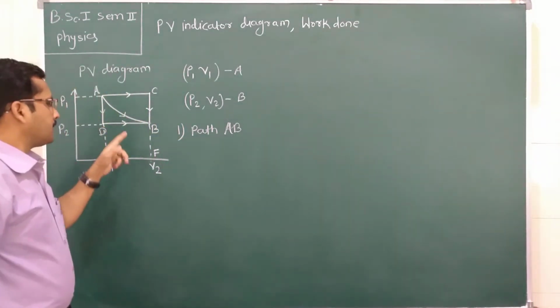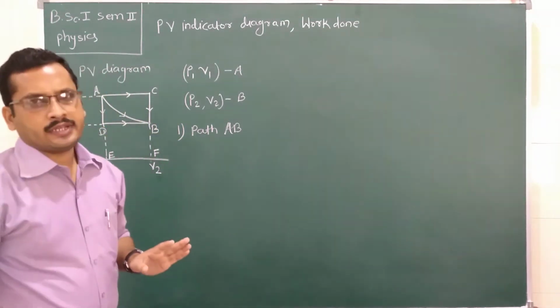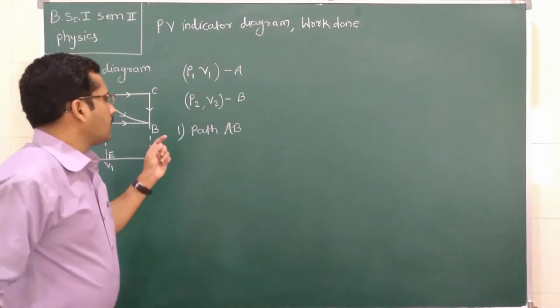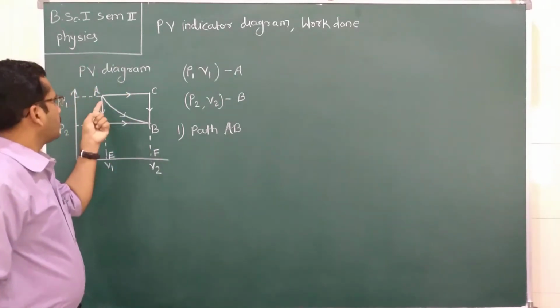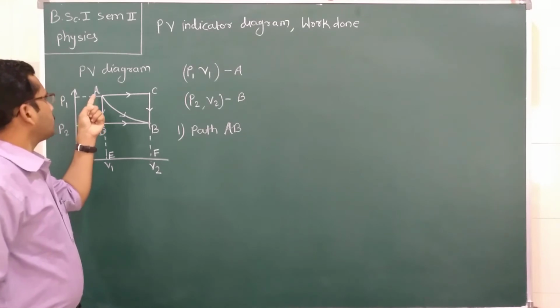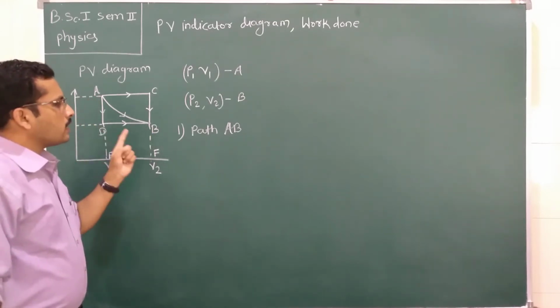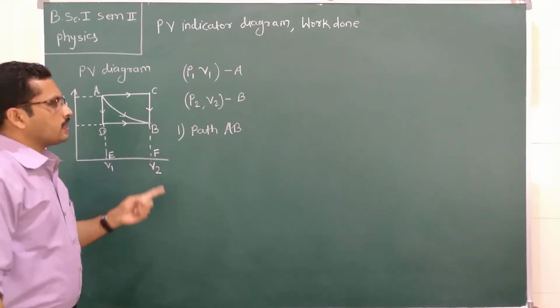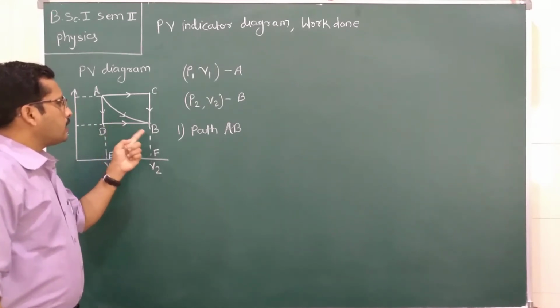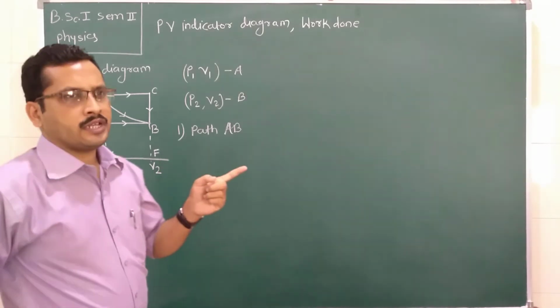If the pressure decreases, the volume must be increasing. So in this case, when the state changes from A to B, it does work, and this work is nothing but the area under the curve.